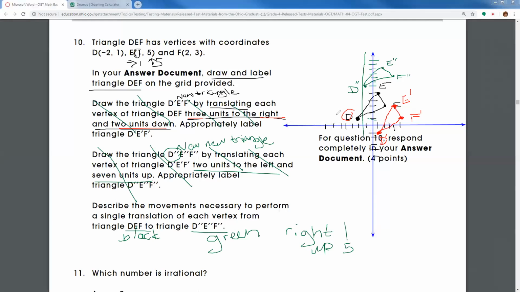Oh, so you just count from where the dot was at and count up. Yep. Vertex. Okay. I was counting the middle on accident. Yeah, no, we want from the dot itself and not from the center right now because they want the movement from the black triangle to the green, not from the center to the green. Then it would be 5. Yep, so right 1, up 5.